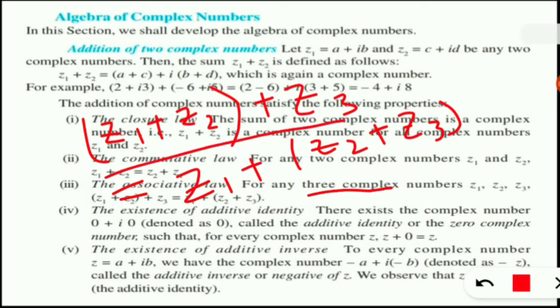So both are equal. This property is named the associative property or associative law.